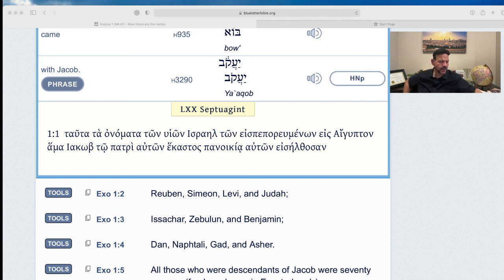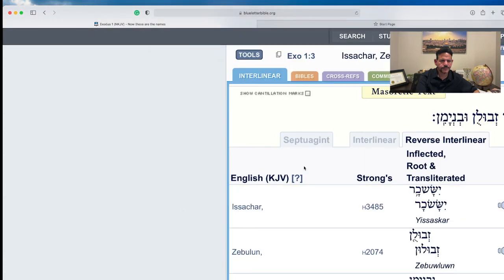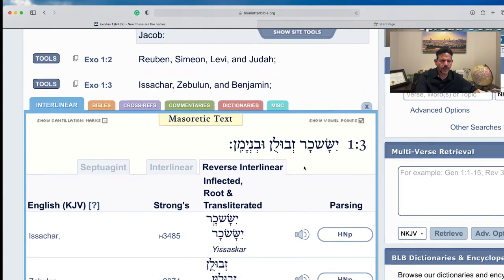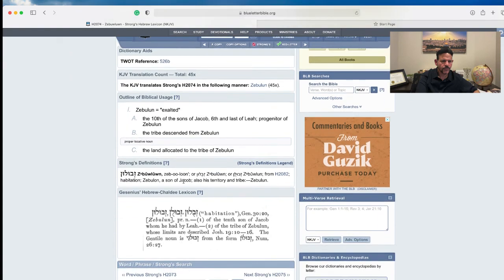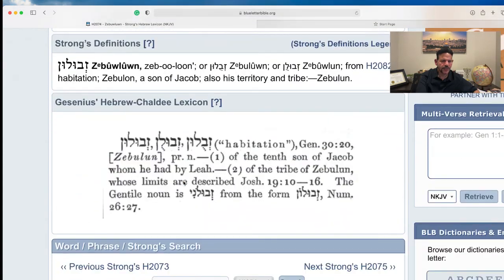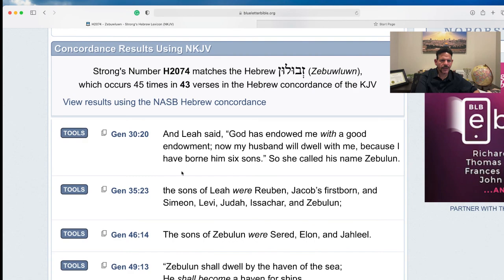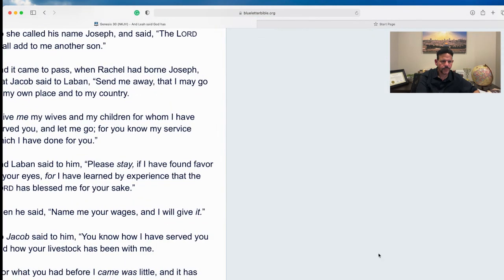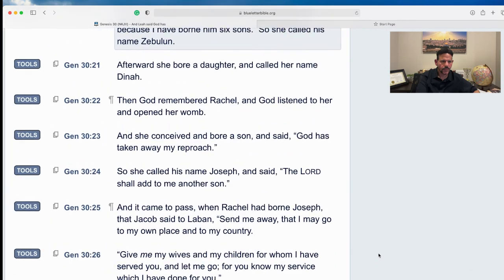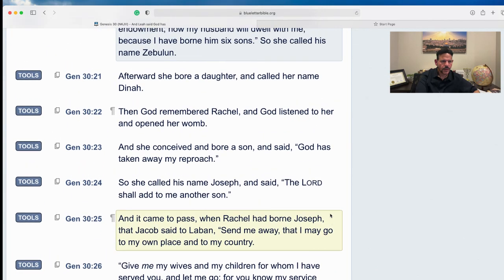And as far as Issachar and Zebulun, for instance, let's click here on the tool for that, and go into Zebulun.